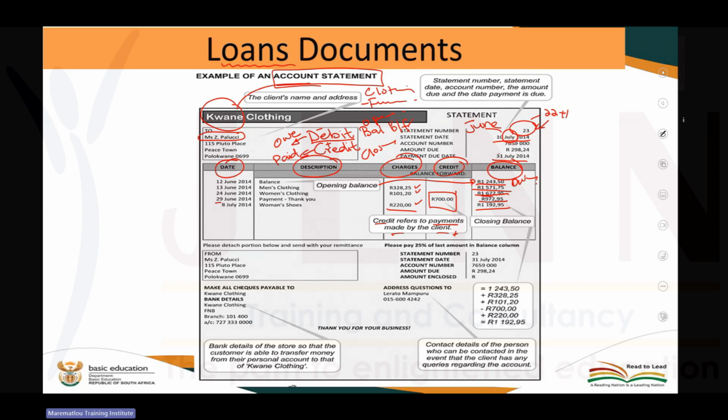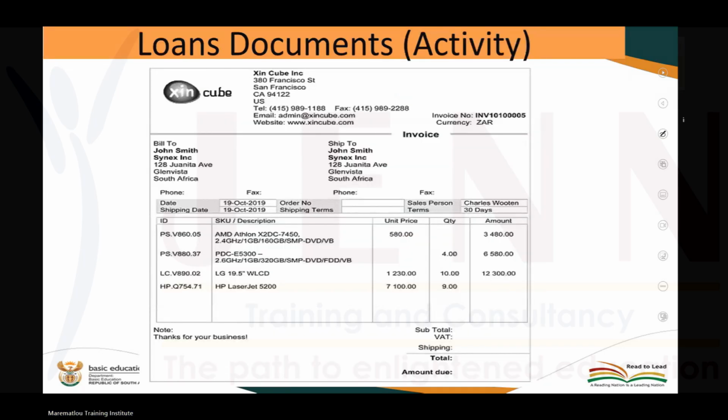Down here, it's a repetition. This is what is owing. The account number is there. We've already spoken about the number of the statement. This is just a calculation. How did they come up to this 1,192? The bank details can also be there in case you want to deposit.